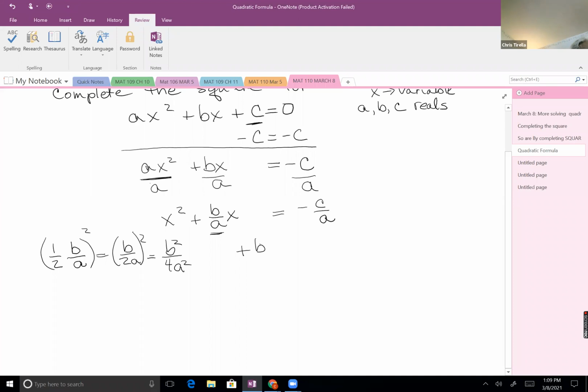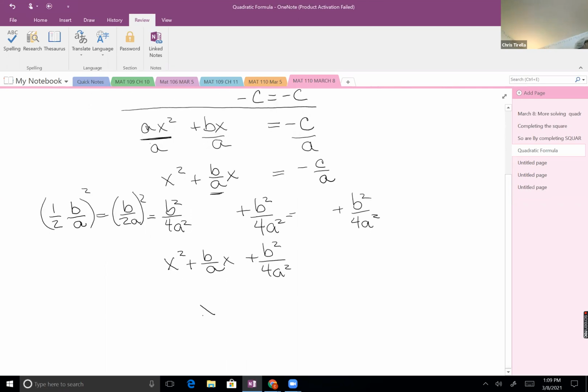So I want to add that to both sides. On the left, I'd have x squared plus b over a x plus b squared over 4a squared, which would factor into x plus b over 2a quantity squared.